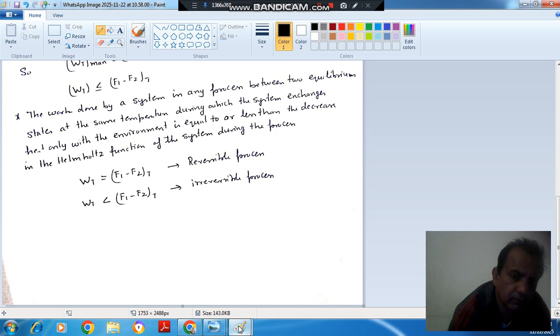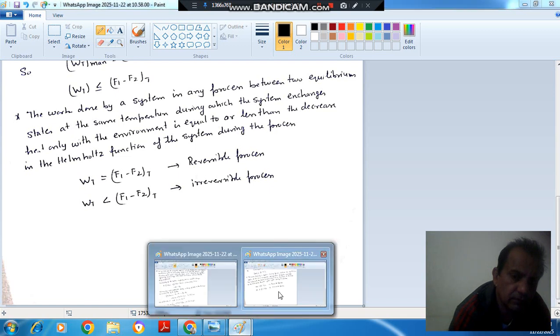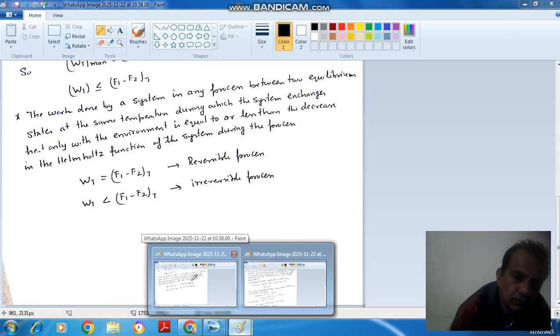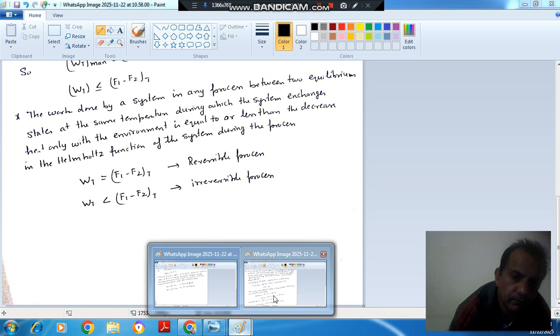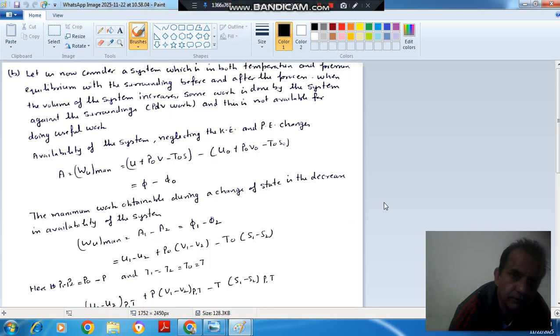Okay. So next is when the system is in thermal as well as pressure equilibrium with surrounding before and after the process.